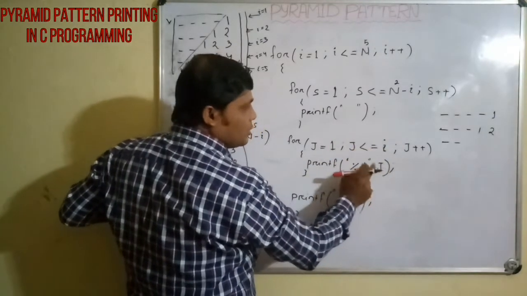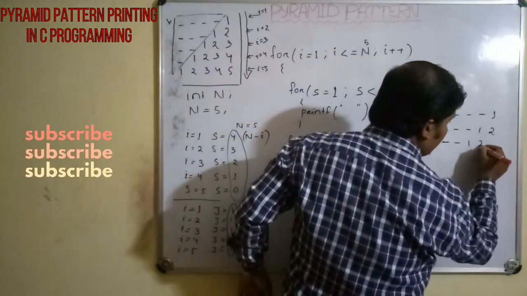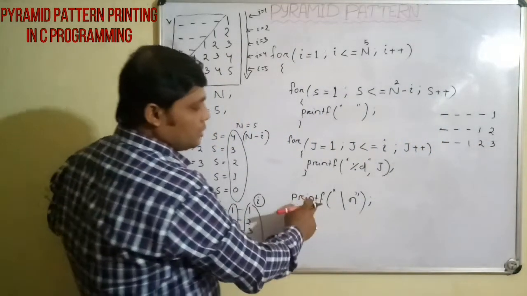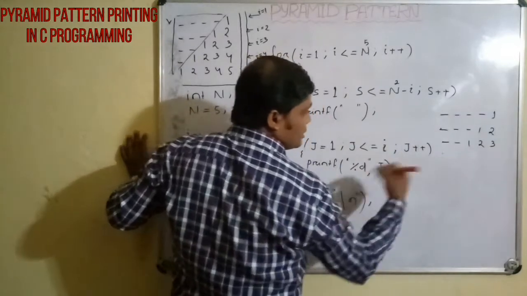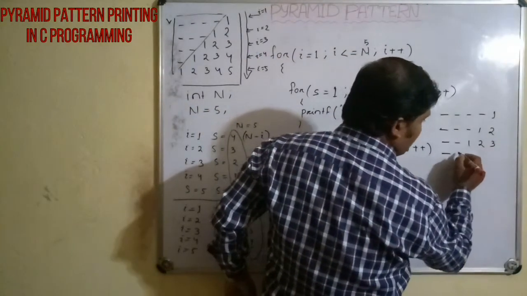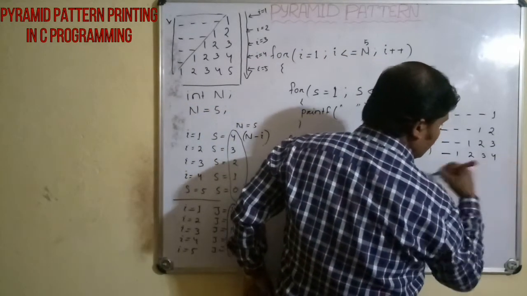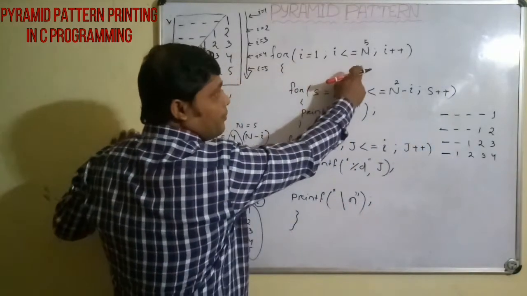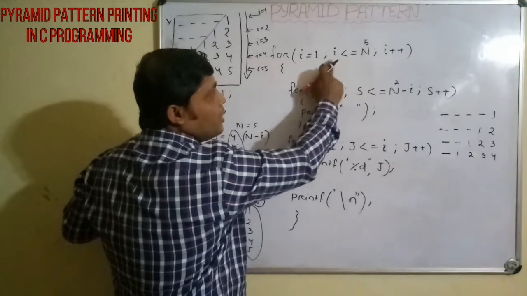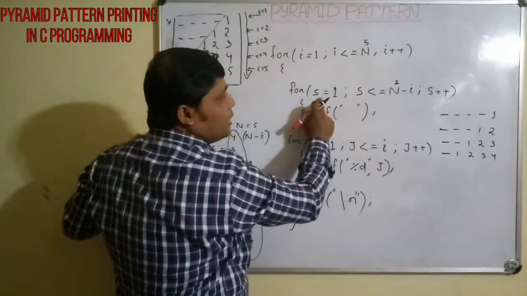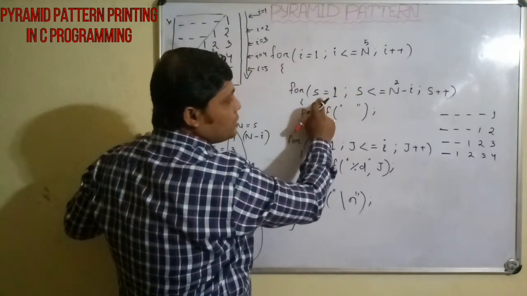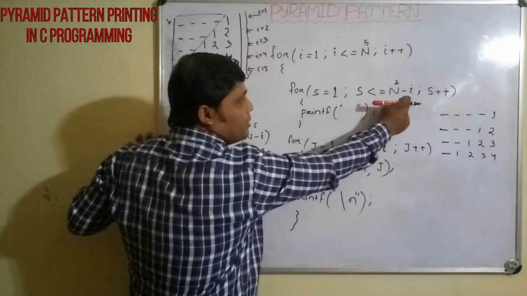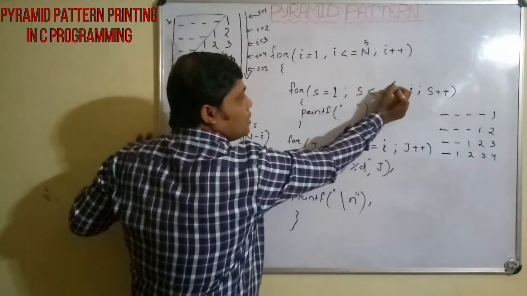So printing j means it will print what? 1, 2, 3. Like this. Same way, then again it will go to this line. Same way it will give 1 space and it will print 1, 2, 3, 4. You can see. Then when i value is 5, i value 5 less than equal to 5, it will work. And here you can see s equal to 1, n minus i, 5 minus 5, this is 0.